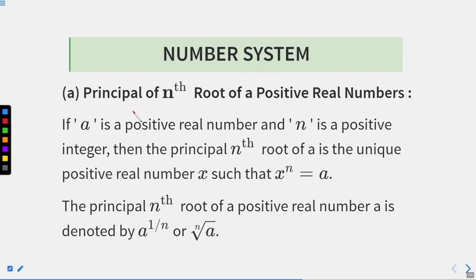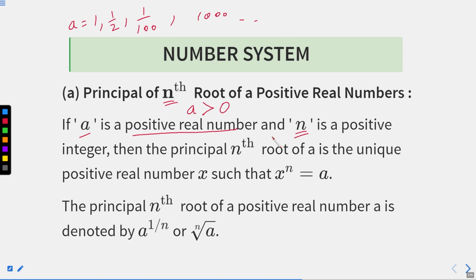Now the first thing is to understand the principal nth root of a positive real number. So what it says is that if A is a positive real number, that means A is something like 1, 1 by 2, 1 by 100 or 1000, anything like this. Positive real number means A is strictly greater than 0, and n is a positive integer.